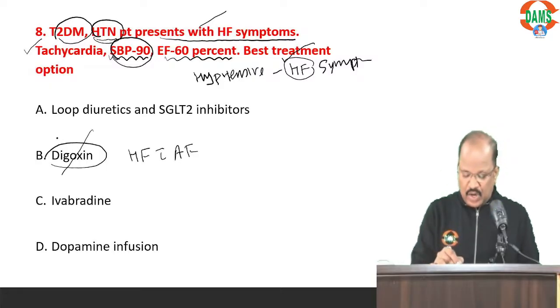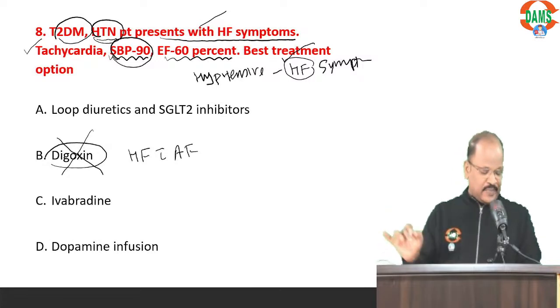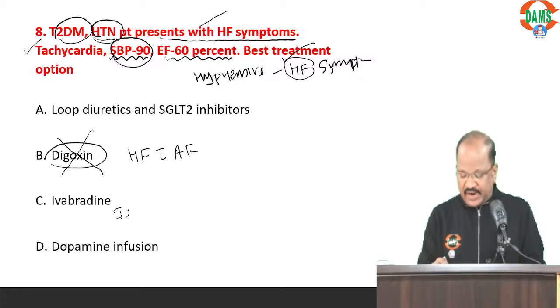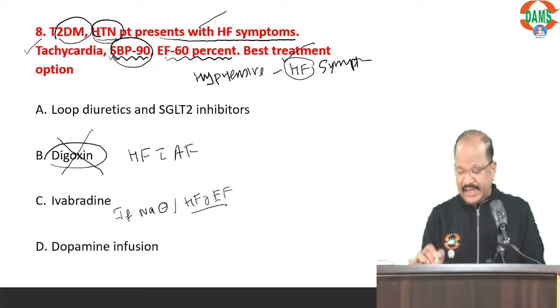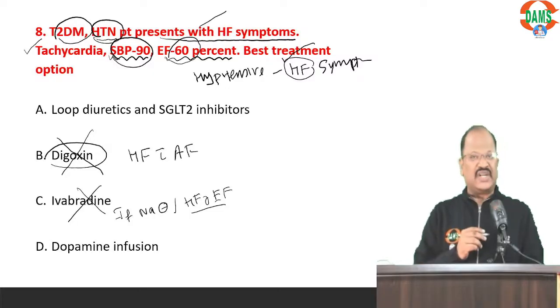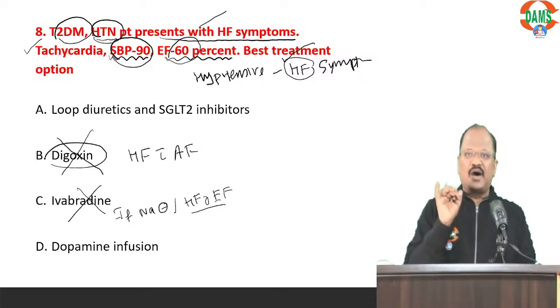So I don't want to go for this. So leave this, okay? And ivabradine, a funny current sodium channel blocker, it is useful for treatment of heart failure with reduced ejection fraction. Here this EF is 60%. So I don't want to go for this. So B and C are ruled out.